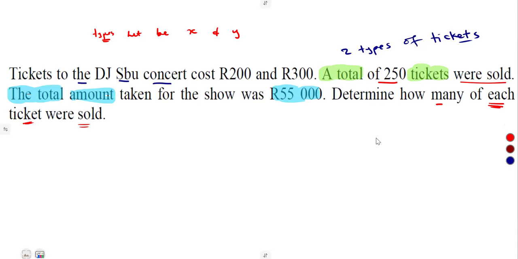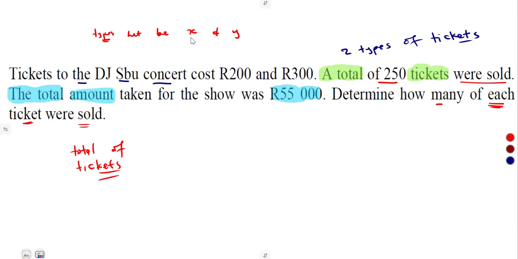So we have got two things to consider. The cost, which gave us a total, the tickets, which gave us a total of how many were sold. So that's two things to be considered there. Total of tickets. Let's start with that one. Total of tickets. How many?